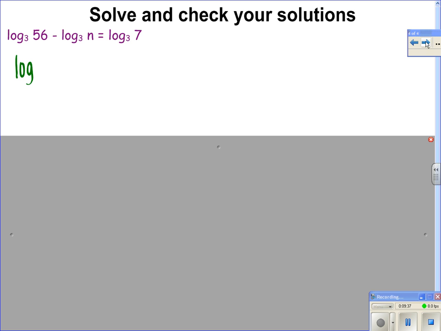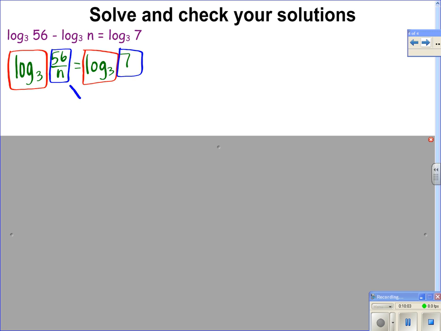We've got log base 3. If there's a subtraction, that means we're really dividing these two things. Now, when we have equal logarithms, if we have log base 3 and log base 3, the things that we are taking the logarithm of should also be equal.